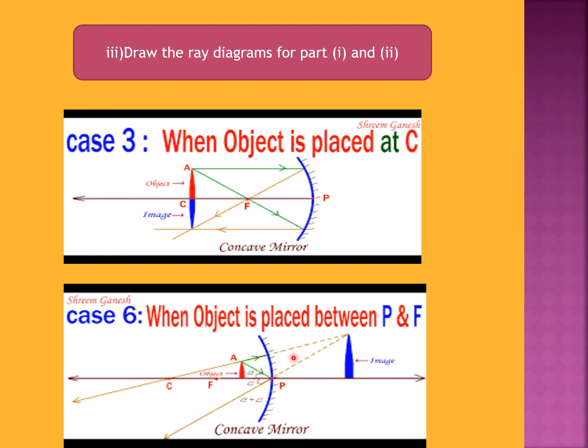When we are producing them backward, we know that it has to be dashed lines and not straight lines, because they are not meeting in the real sense, they are virtual in nature. When you produce them backward, this is the image that you're going to get. Since it is above the principal axis, it is going to be virtual and erect. Virtual because the light rays are not actually meeting. Erect because it is above the principal axis.